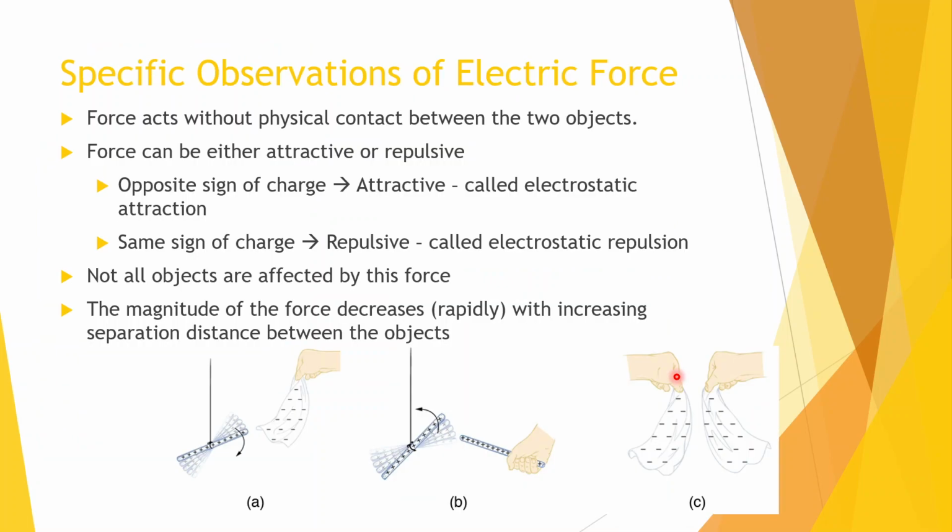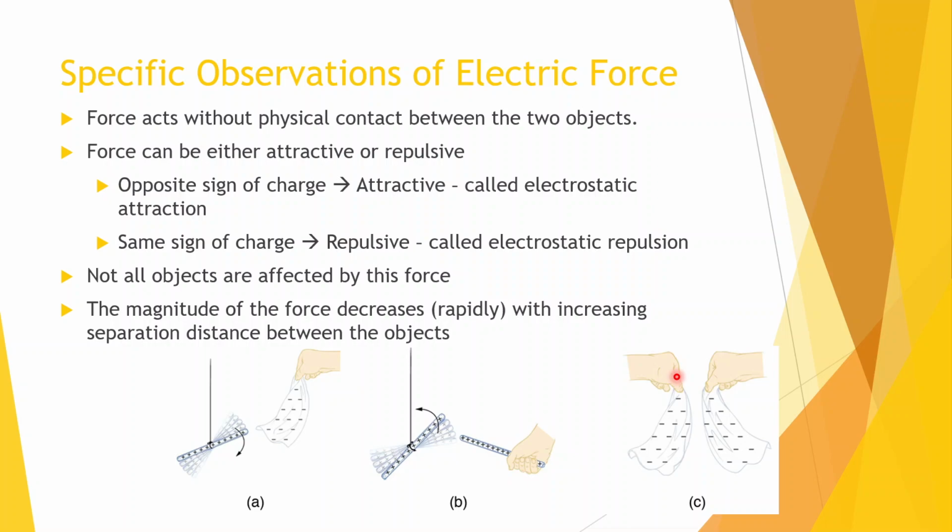So here are some specific observations of electric force. This is a force that acts without physical contact between two objects, meaning these objects don't have to be in physical contact with each other in order to act upon each other. This force can be repulsive or attractive, depending on the signs of the charges, and we'll get into that a little bit later.